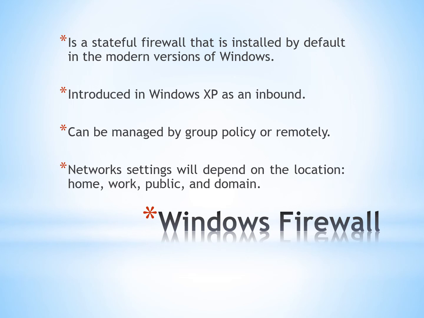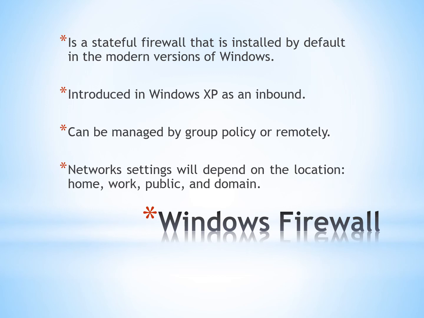Now it blocks both inbound and outbound traffic. The firewall can be managed by group policy or remotely. It is used to protect against network-based threats, so you can configure the firewall settings and have control over who has access to your system. The firewall and networking settings will depend on the location.